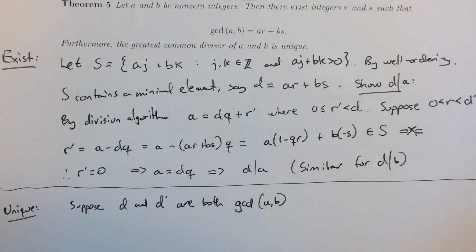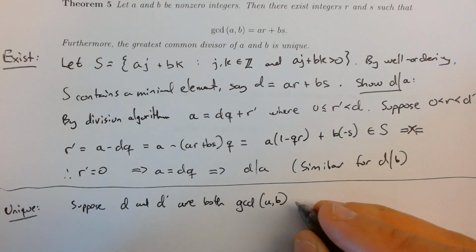So what you need to show is that they divide each other. The strategy we're going to use here is that we'll show that D divides D prime and D prime divides D. Well, if that happens, we're talking about positive integers here, so they must be equal to each other. So we'll start with showing that D prime divides D, but we'll only show that side of it because it's, again, a similar argument to show that D divides D prime.